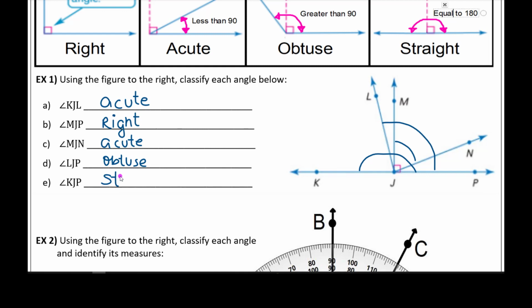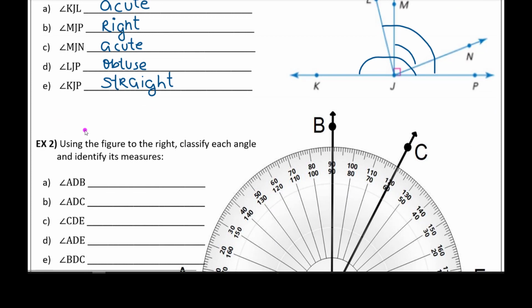So that's the classification using the names of the angles with three letters. This is pretty much things that you should have learned in middle school, but naming with three letters might be something new for some students. So we just want to make sure that we go over it.